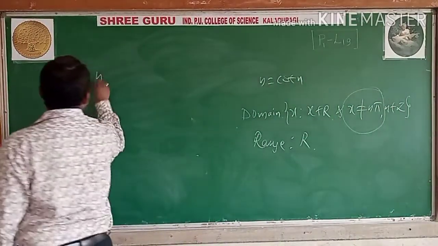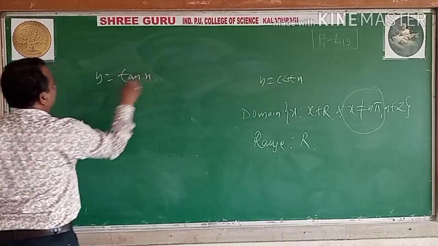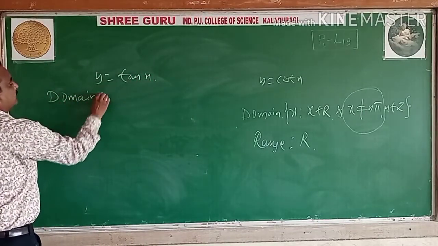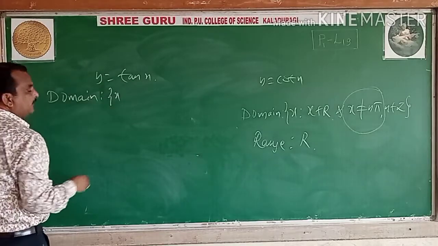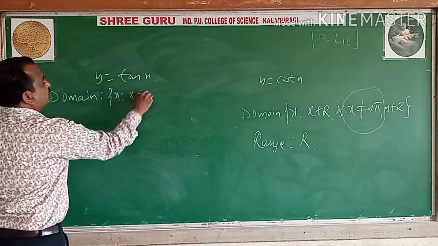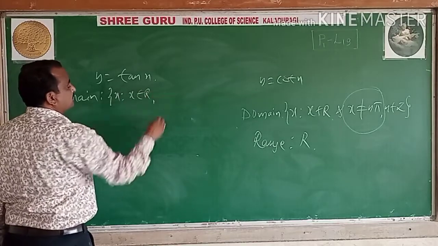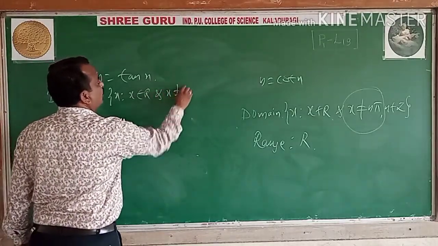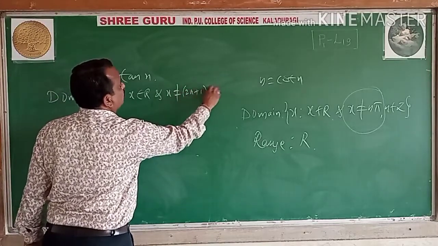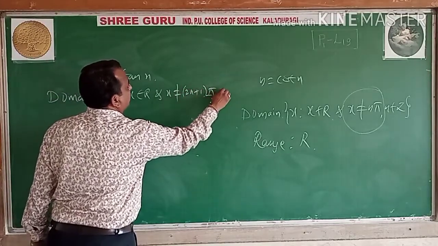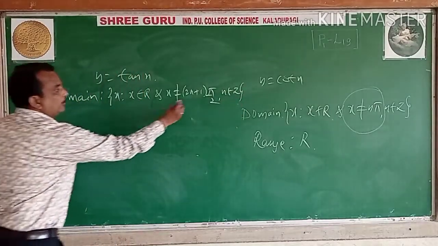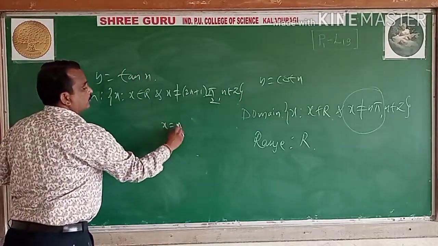For tan x, see the tan x. Domain is the set of x such that x belongs to the real numbers, but x is not equal to odd multiples of pi by 2, where n belongs to the set of integers. Because if you give 0, x equals pi by 2.